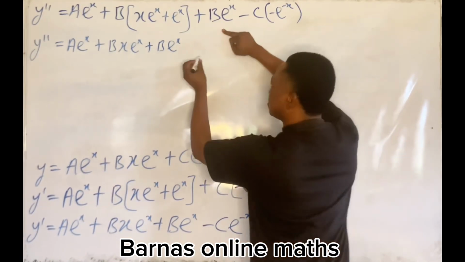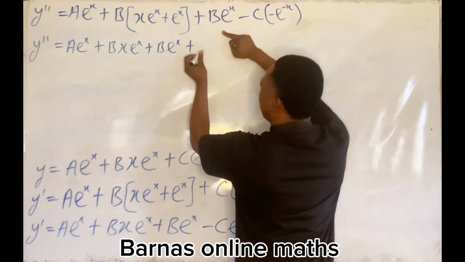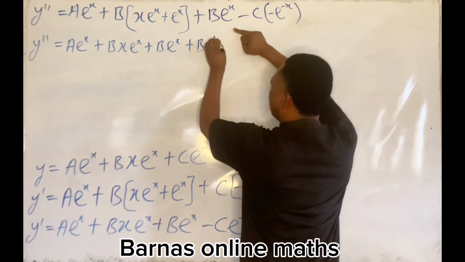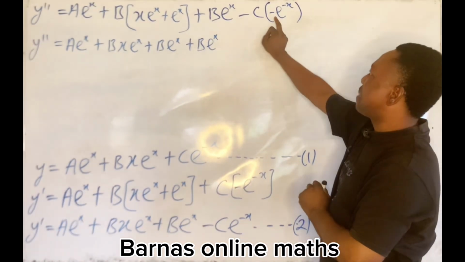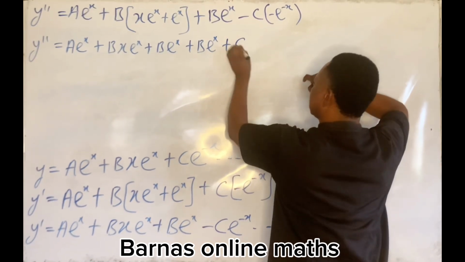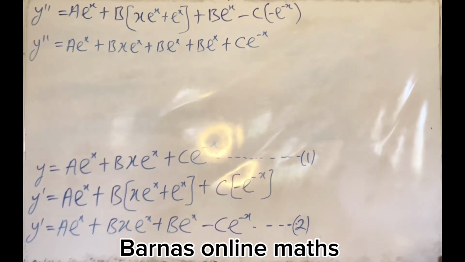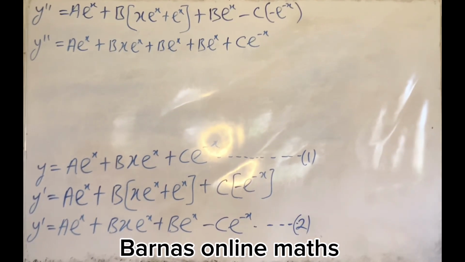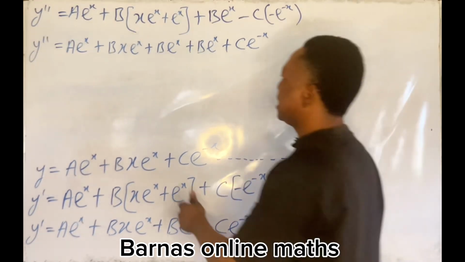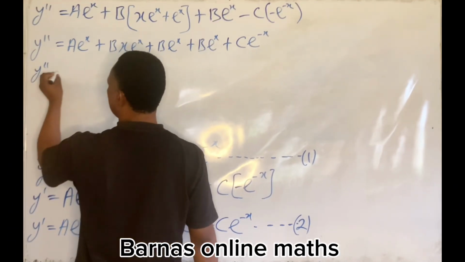Then plus b e to the power x. This minus will make this minus to be positive. So we have c e to the power minus x.